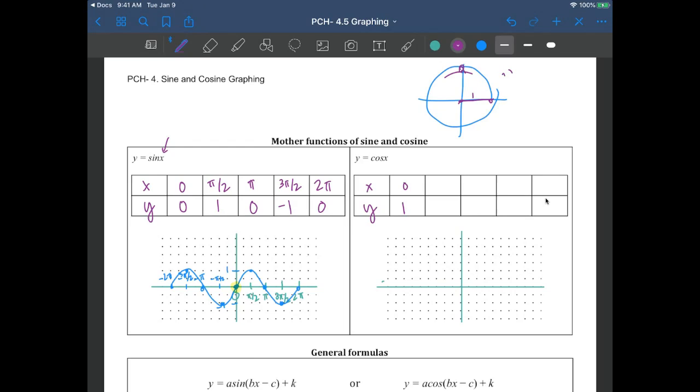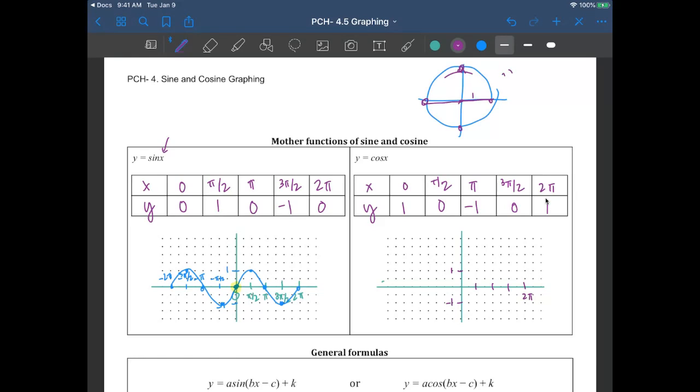When I go up to pi over 2, I am 0 units horizontally from center. When I go out to pi, I'm furthest away from the center, but on the left-hand side. And back to 0 at 3 pi over 2. And then at 2 pi, back to 1. So we're going to start at 1, go down to -1.